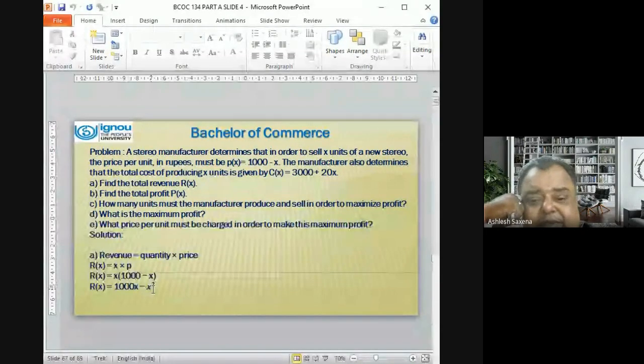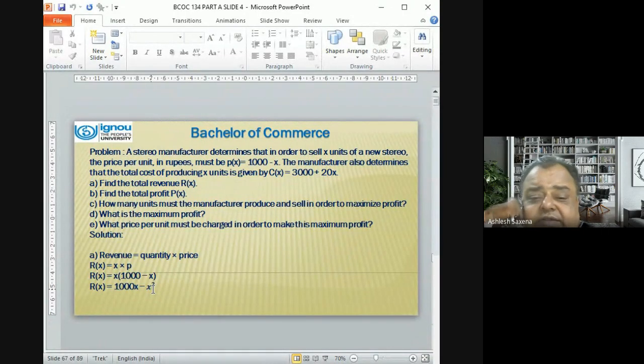What are you given? You are given the cost function and you are given the price. Let's start with revenue. Revenue is quantity into price. Your revenue function will be X into P. What is Rx?